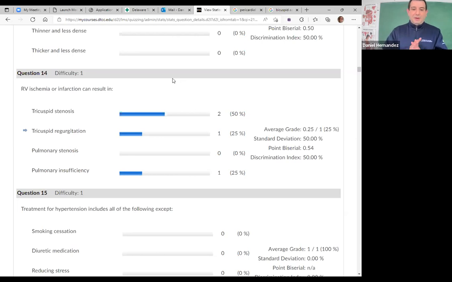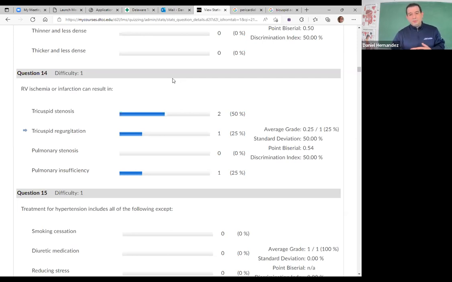If we have ischemic heart disease on the right side, the right ventricle is not contracting properly, and that can cause poor coaptation, or coming together, of those tricuspid valve leaflets, because one segment may not be moving, preventing the valve from functioning and coapting properly. You could also have dilatation of that chamber; remodeling of the right side of the heart as a result of an infarct could cause separation of those valve leaflets.